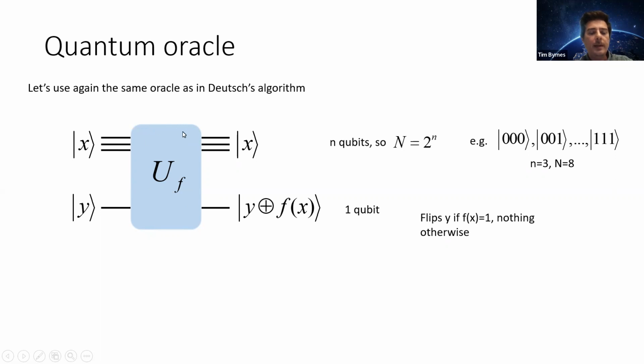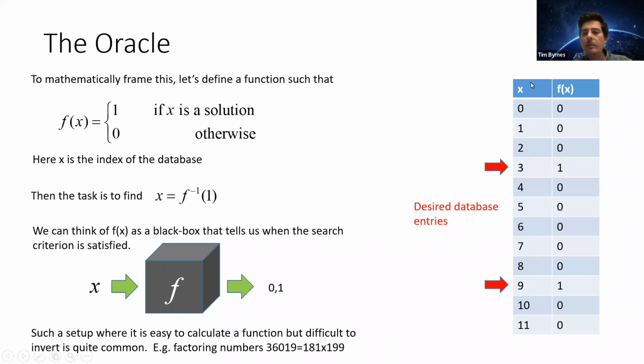And so remember, in Deutsch's algorithm, we couldn't just have an oracle that directly takes x and outputs the function of x, basically because this was not a unitary process, right?